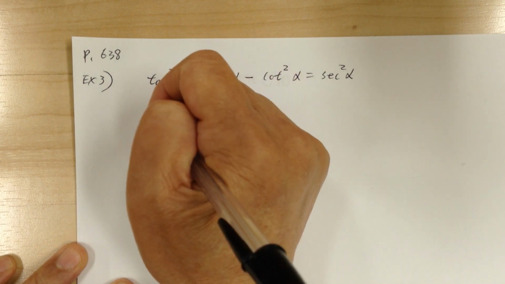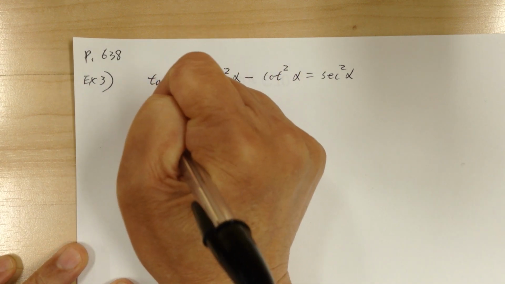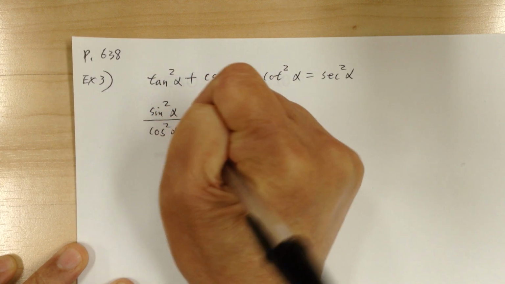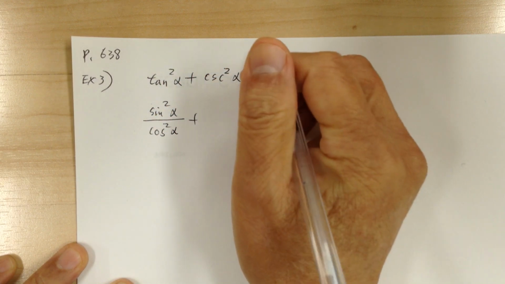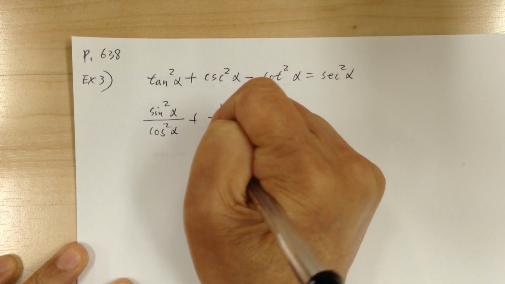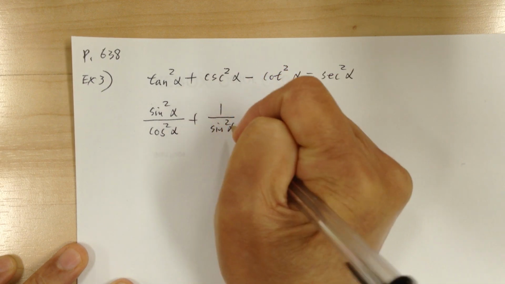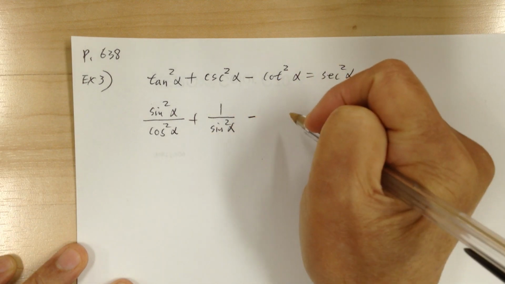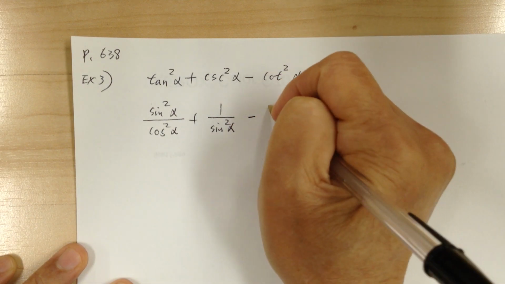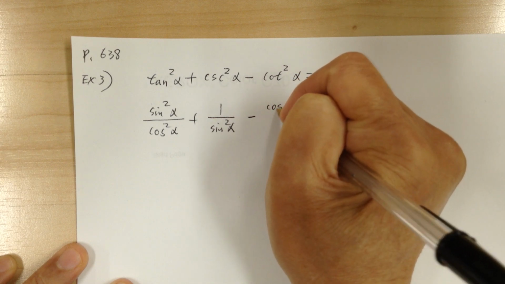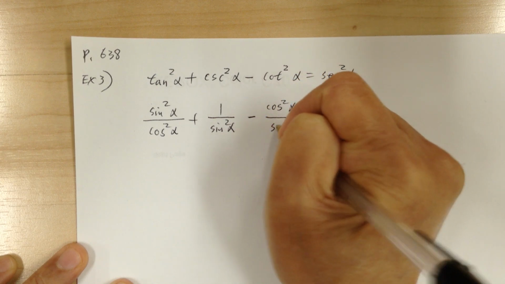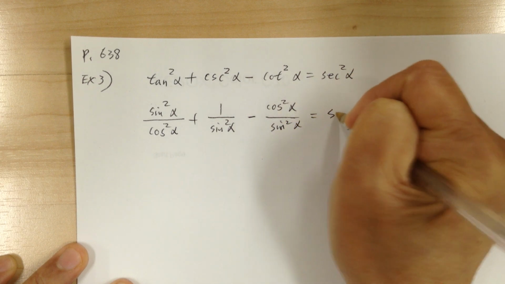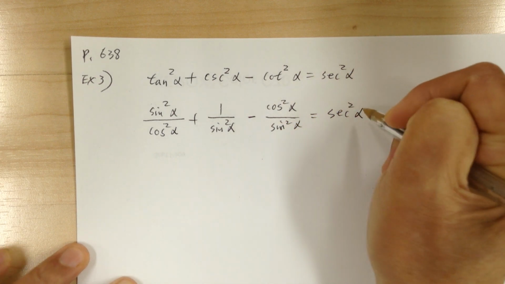So tangent equals sine over cosine. So tangent squared is sine squared alpha over cosine squared alpha. Cosecant is 1 over sine, so this is 1 over sine squared alpha. Minus cotangent squared, which is cosine squared alpha over sine squared alpha. And again, you leave this side alone.